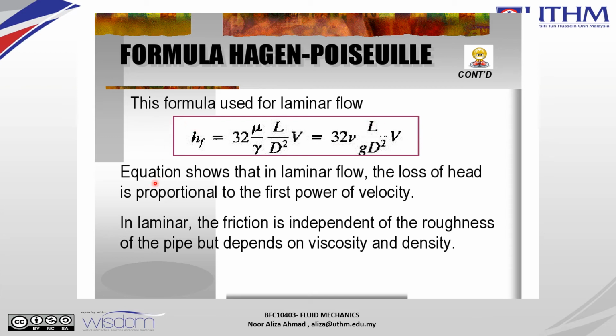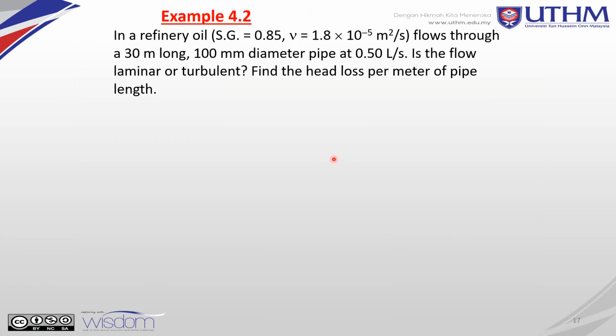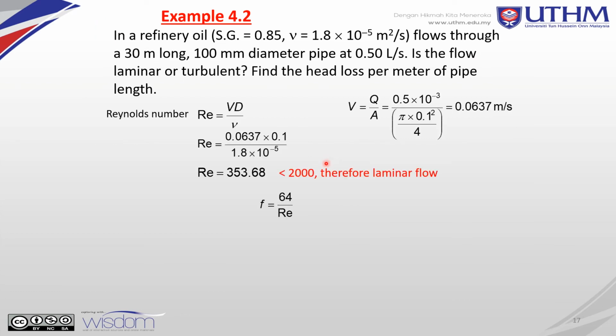The equation shows that in laminar flow, the loss of head is proportional to the first power of velocity. So in laminar flow, the friction is independent of the roughness of the pipe but depends on viscosity and density.